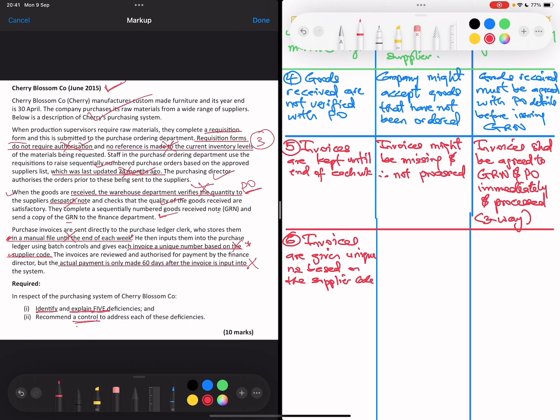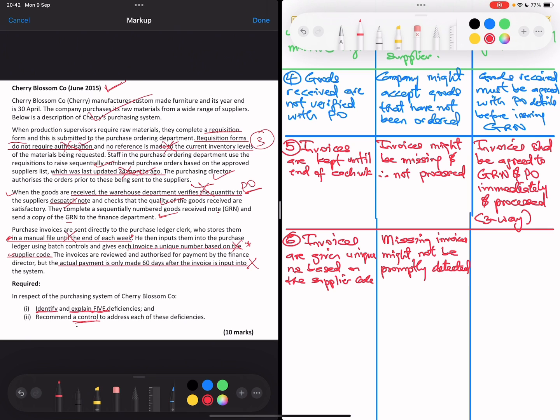What could go wrong is that it might be difficult to really achieve or identify missing invoices. So missing invoices might not be promptly detected because it's not sequential.